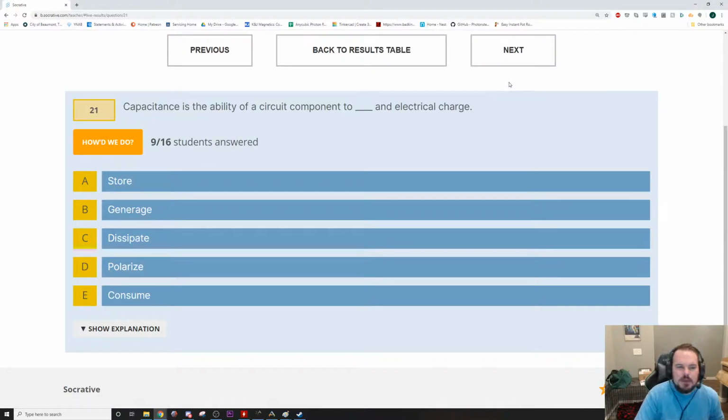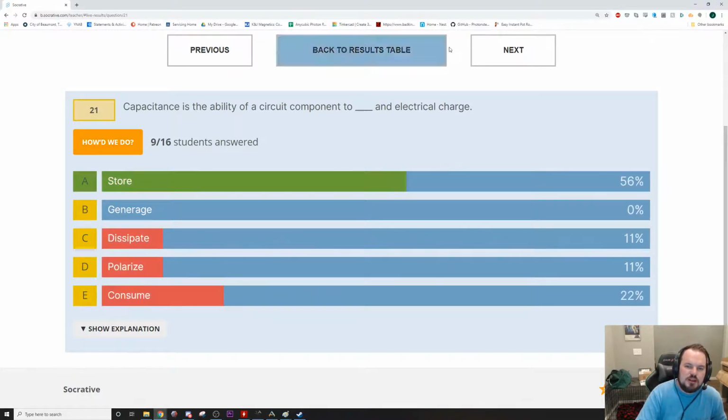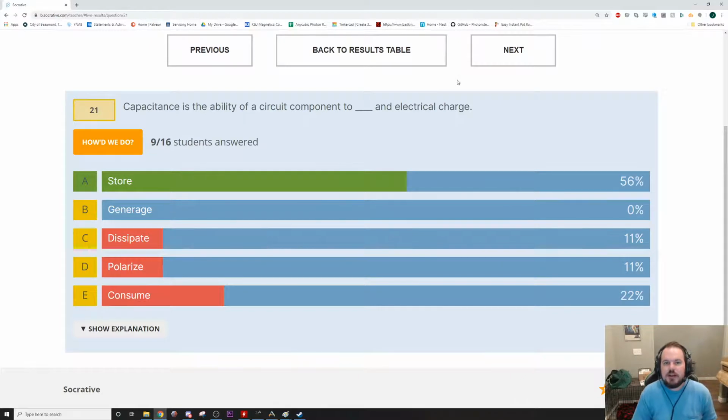Capacitance is the ability of a circuit component to store an electrical charge. A capacitor is a lot like a battery. I saw something a while back about race cars using supercapacitors instead of a battery, because capacitors are so much lighter than a car battery, and it saves the weight of the battery.